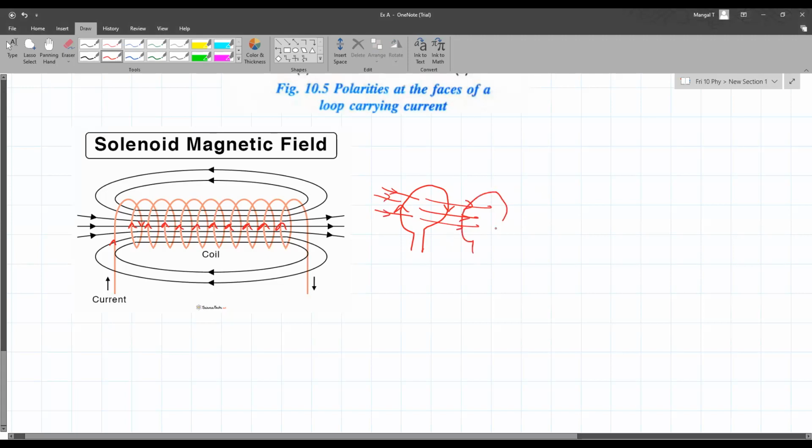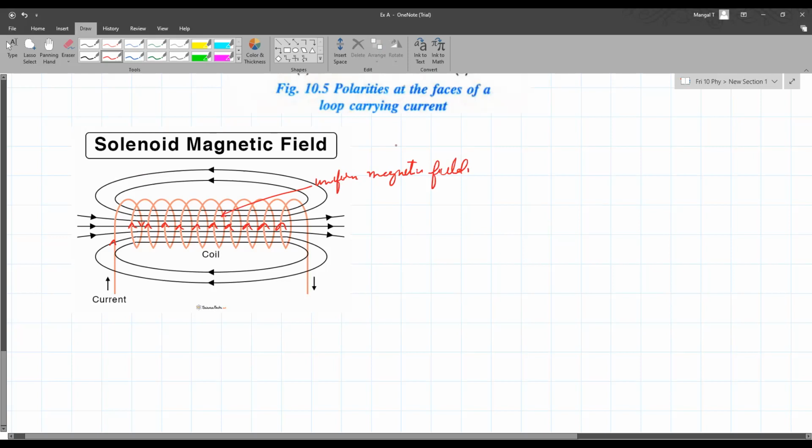Now, if you have another loop over there, then the field lines, rather than making a turn like this, will continue. So that is what is happening in a solenoid. You can see the black lines over there are the lines of magnetic field. So the magnetic field is uniform over here. So this is a uniform magnetic field.